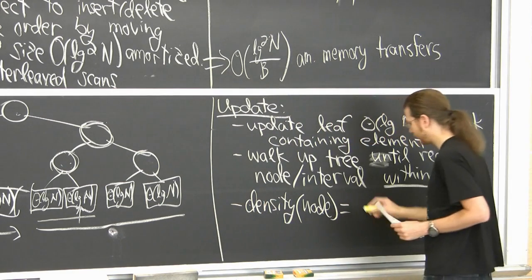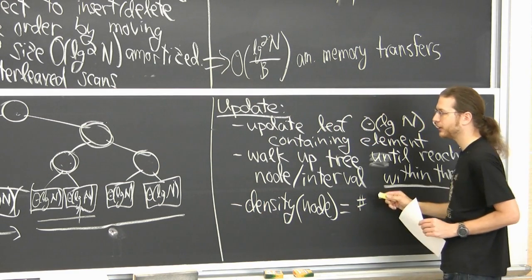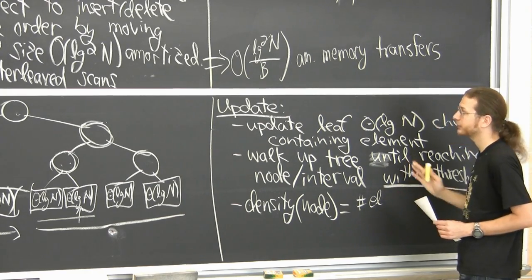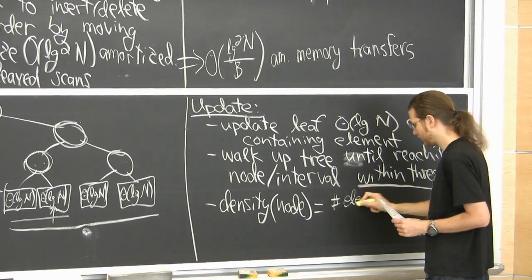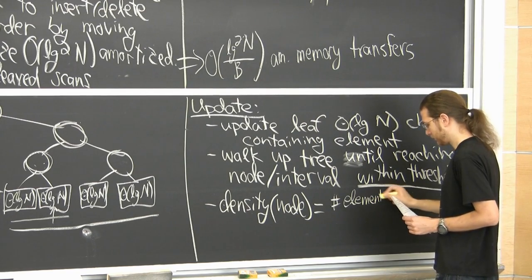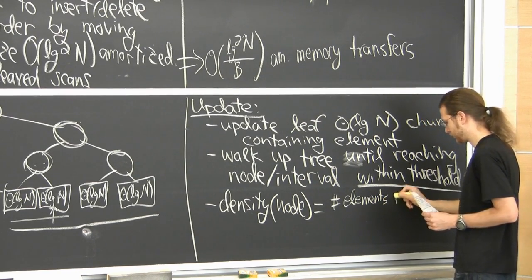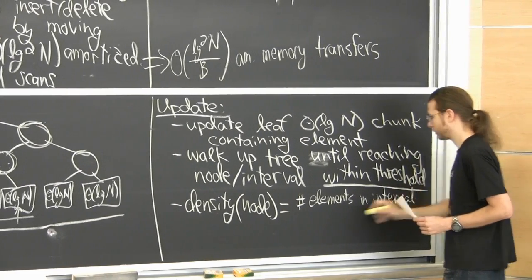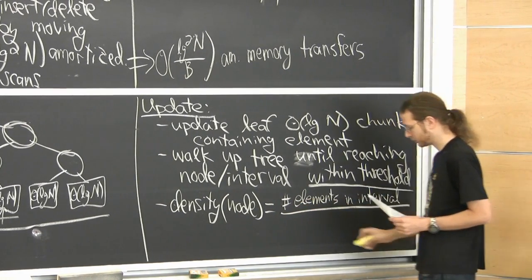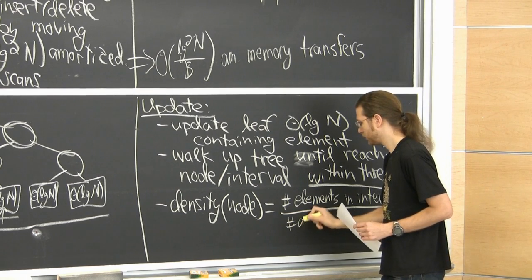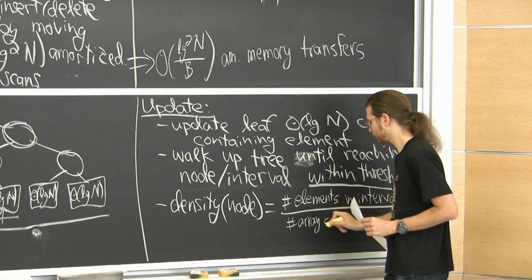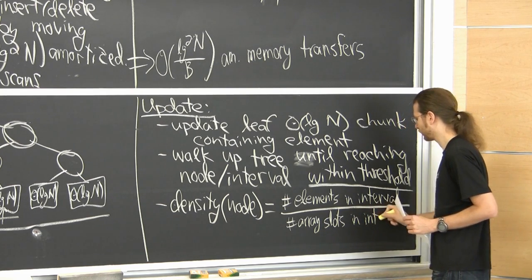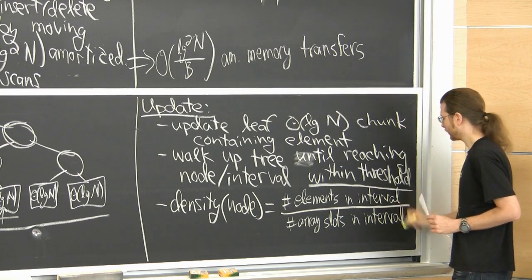And that's just going to be the ratio of the number of elements that are actually down there versus the amount of slots in the array that are down there. So just how much is occupied. So look at that ratio.